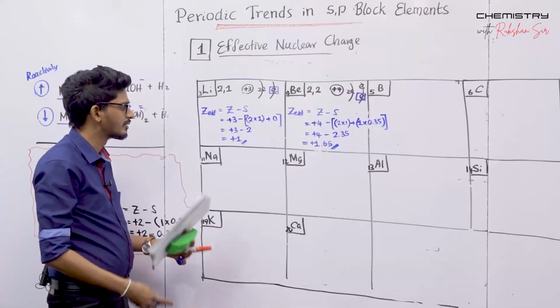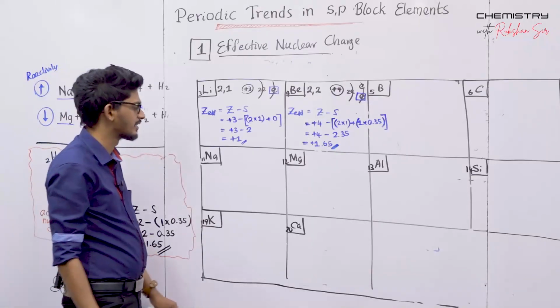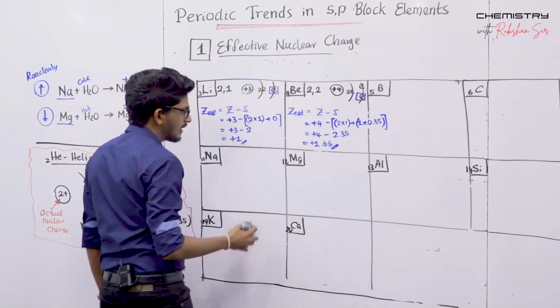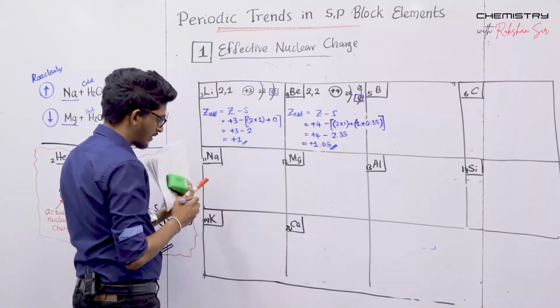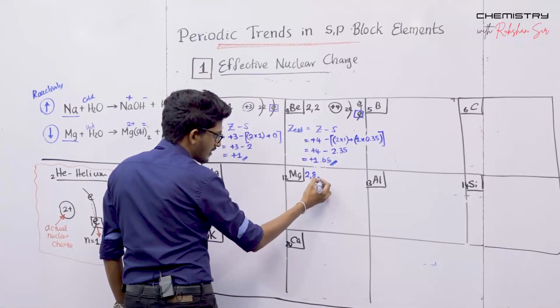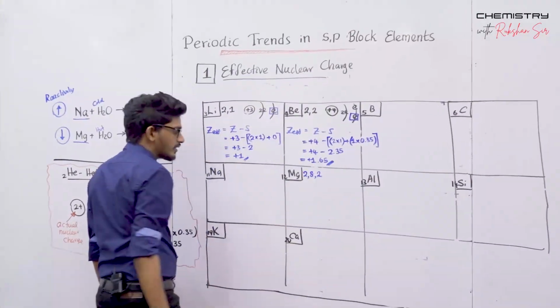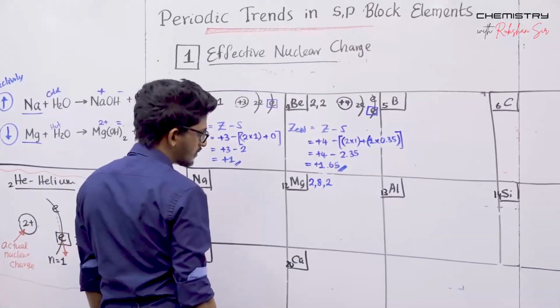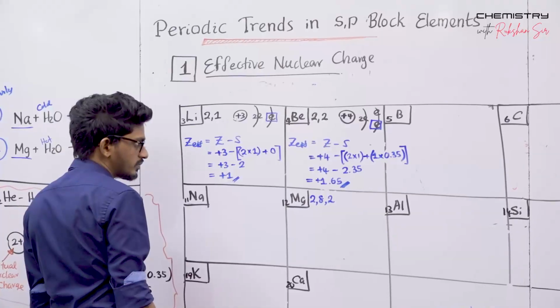So can you do the same for all the other elements appearing here? I'll do magnesium as well, then you can continue. Magnesium has an electron configuration of 2, 8, 2.